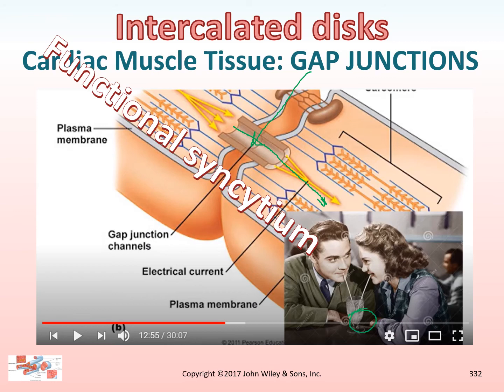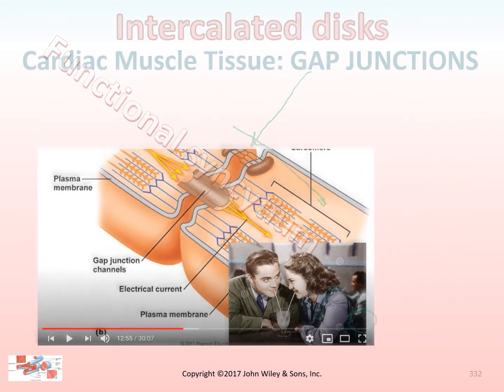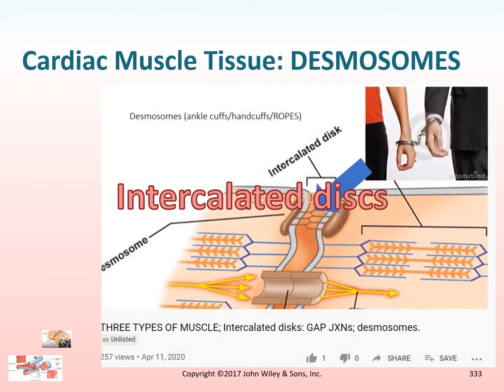So they share fluids here. This is the intercalated disc featuring desmosomes and the gap junctions. The gap junctions are these things, and the desmosomes are these rope things, basically holding them together physically.